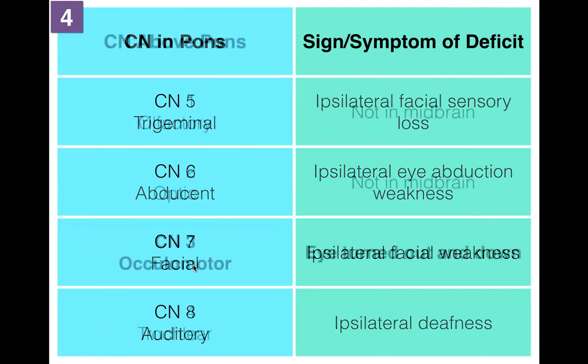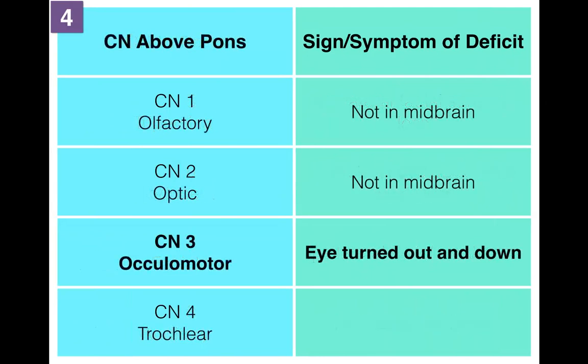So finally, let's take a look at the cranial nerves that are located above the pons. Number 3 and number 4 are located on the midbrain. So let's start with oculomotor. Oculomotor nerve controls all the extraocular muscles with the exception of the lateral rectus and superior oblique.